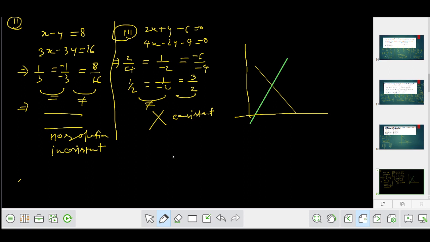Now, if we put here x, here y. If we put 0 in the first equation, x will be 3. If you put x equal to 0, then y will be 6.